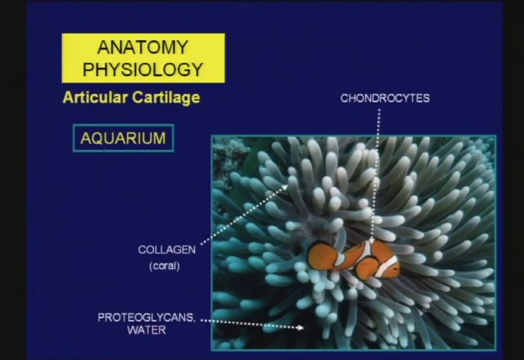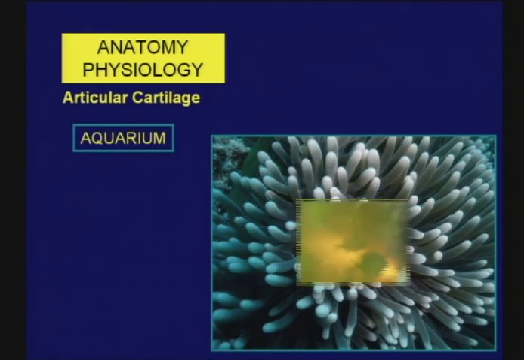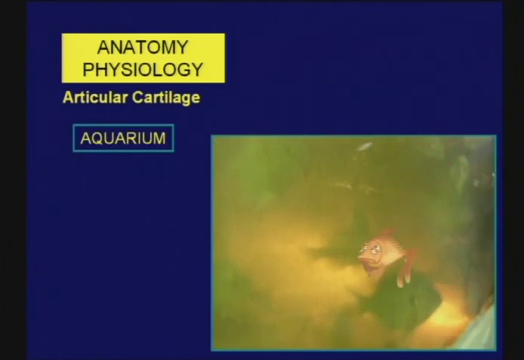We have the chondrocytes, which represent the fish swimming around my aquarium. And we have the proteoglycans and water representing the water in the aquarium. And when it is clear like this, it is healthy. Unfortunately, as we get older, our aquarium often looks like this, which is what we are trying to prevent.